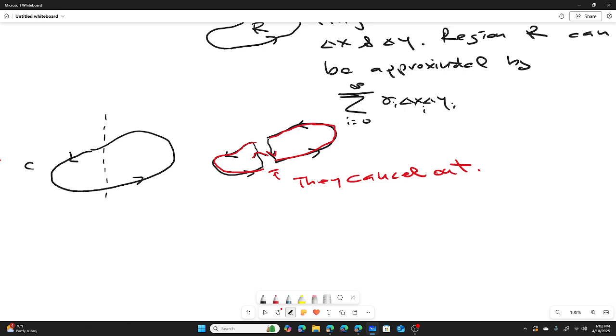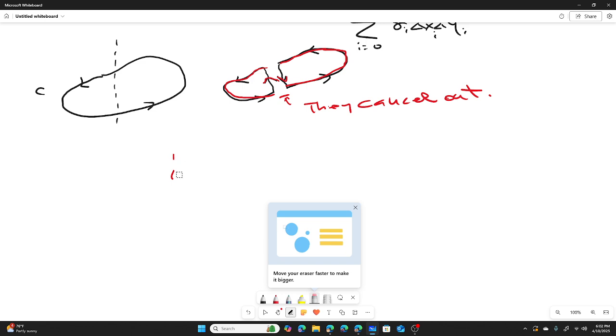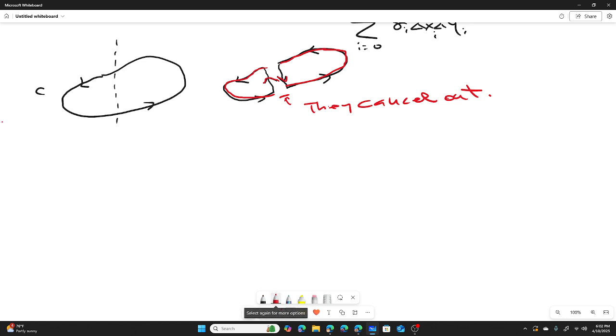Now let's give another example. So imagine that our curve C is actually a rectangle. Right?